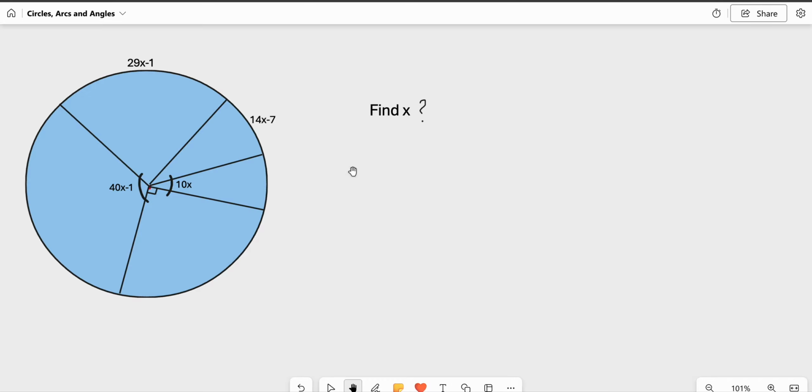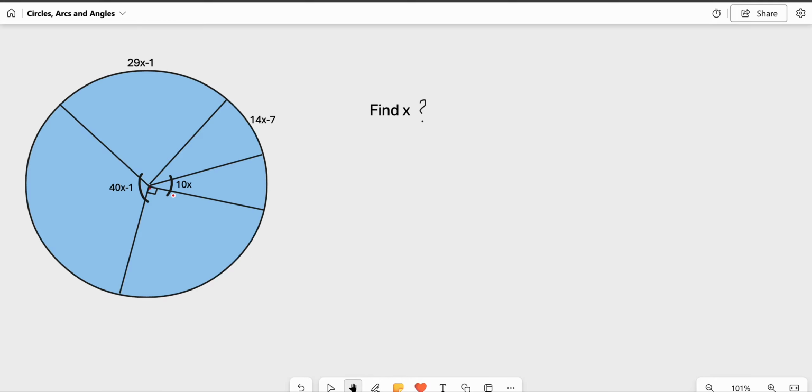Or if we are given the arc, we can find the angle, but always depending on the type of angle, because depending on the type of angle, we can apply the theory and the formulas. Now, here we are being asked to find x.